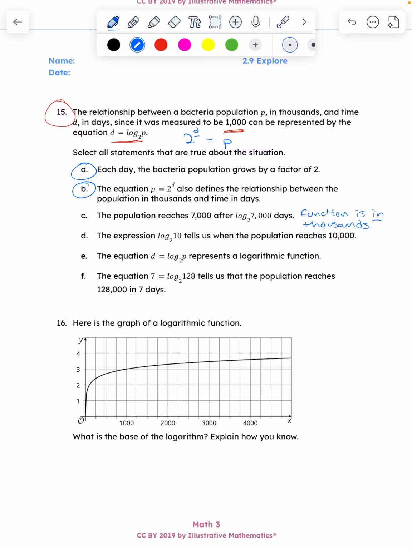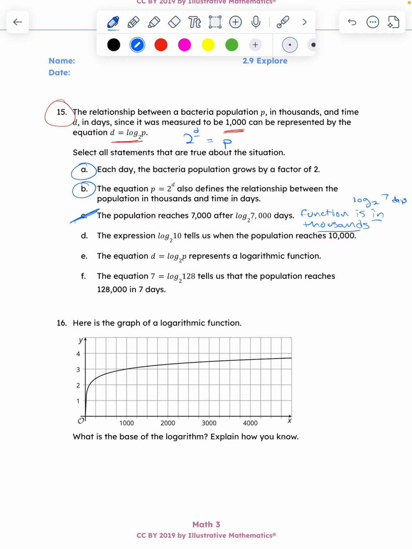So in 7,000 days, we're going to have way more than 7,000 bacteria. This is what happens at log base 2 of 7 days. So this guy's out because our function is already in the thousands. And that's why when we look at them, that initial value of 1,000 doesn't seem to appear, because 1,000 in our function is represented by 1.